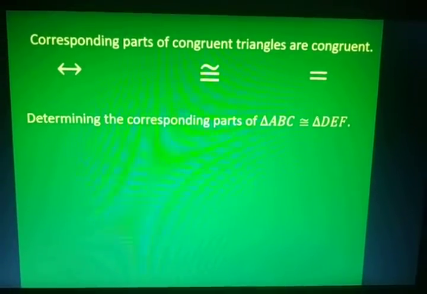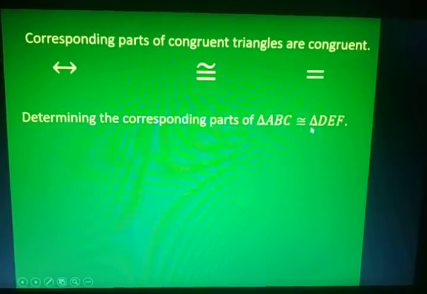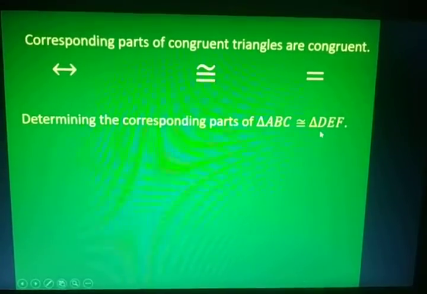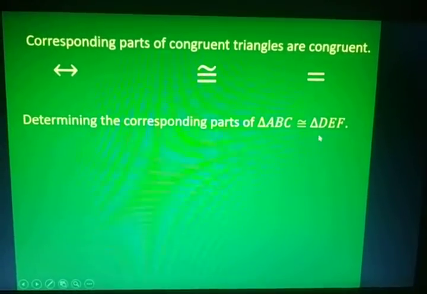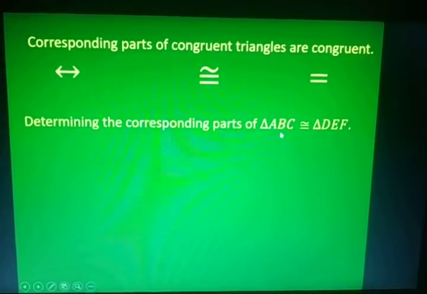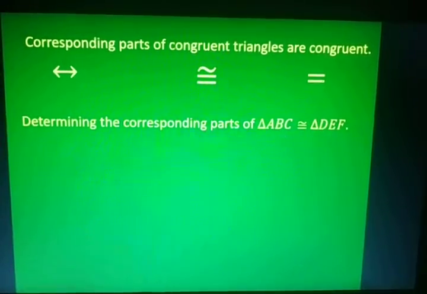Determining the corresponding parts of triangle ABC, which is congruent to triangle DEF. Class, even if we do not draw it, we know the order of the vertices, so we can still get the corresponding parts.